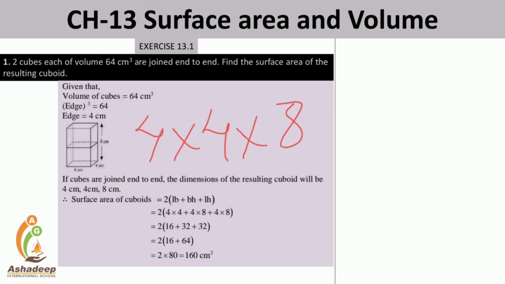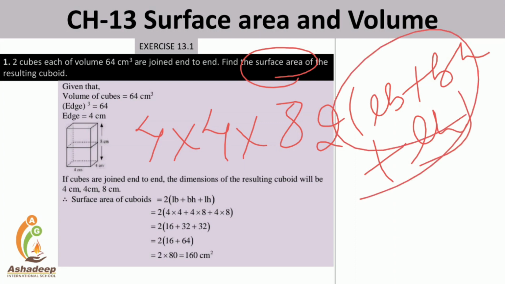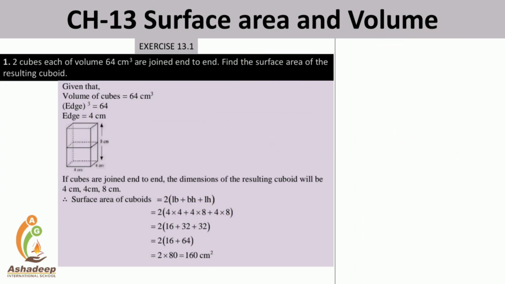Now what do we have to find? We have to find the surface area. What is the surface area? It's nothing but 2(lb plus bh plus lh), right? So that formula is written here. Simply put the values and you will get the answer 160 centimeter square, right? So this kind of easy sums are there, right?